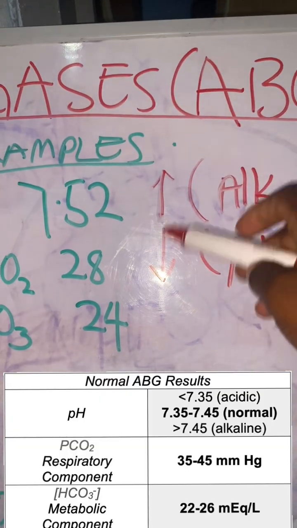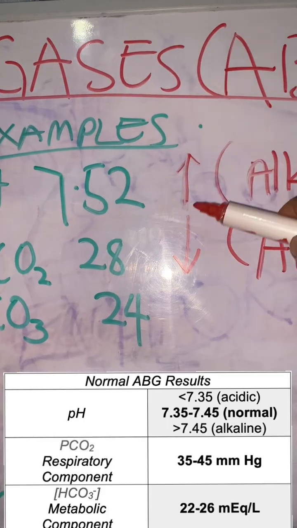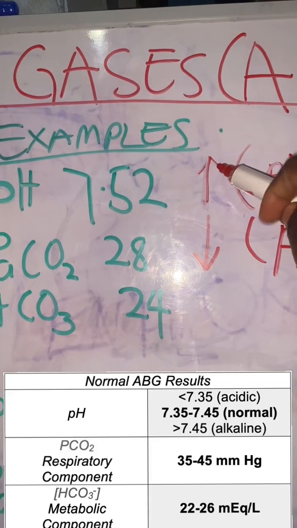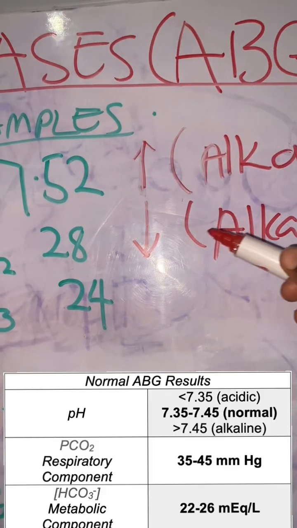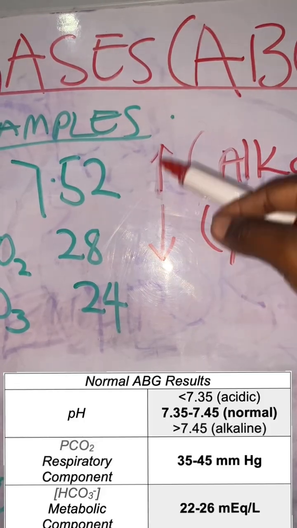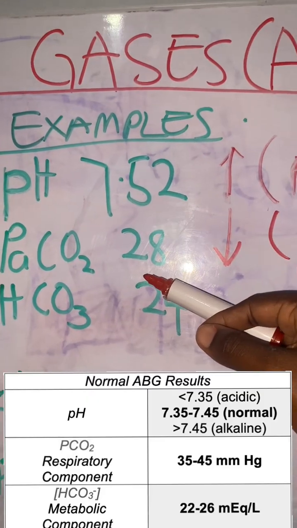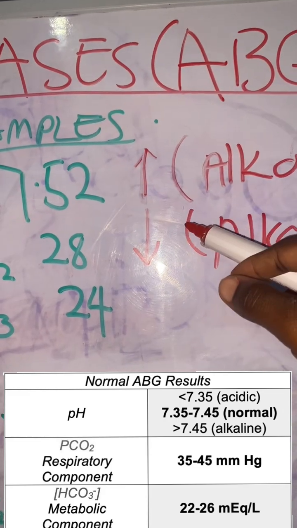Can you see something here? pH is going up, carbon dioxide is coming down. We've already satisfied our opposite direction. If it's a respiratory problem, the respiratory or carbon dioxide value will be opposite the pH, and this is what is happening here.